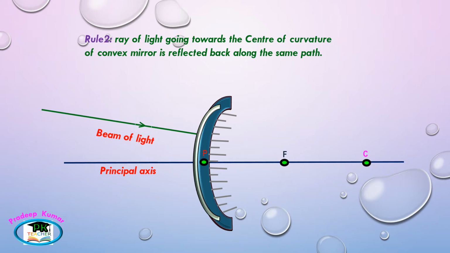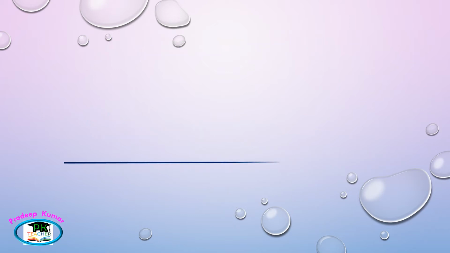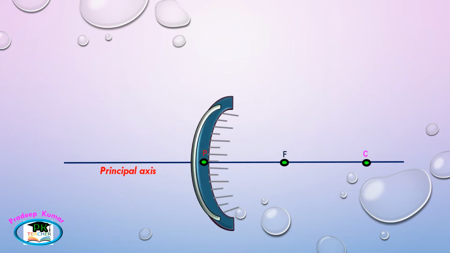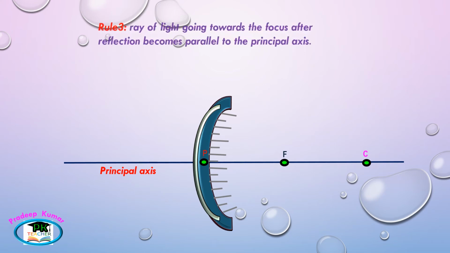A ray of light or beam of light going towards the center of curvature reflects back in the same path.